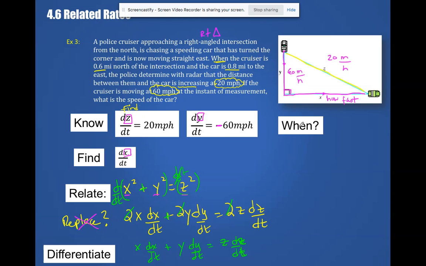After differentiating, I say, when do they want to know this, right? Here's my when. When the cop car is 0.6 miles north, who goes with north, X, Y, or Z? And when the car is 0.8, who is 0.8, X, Y, or Z?